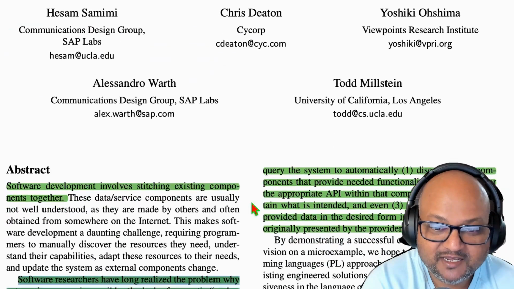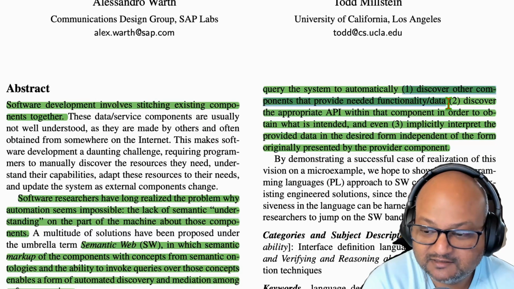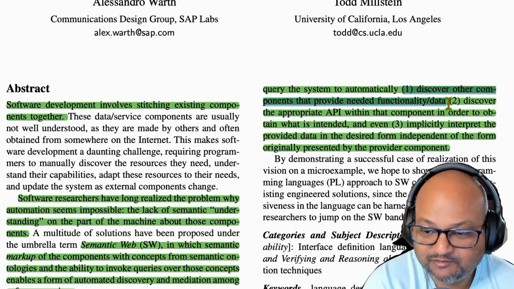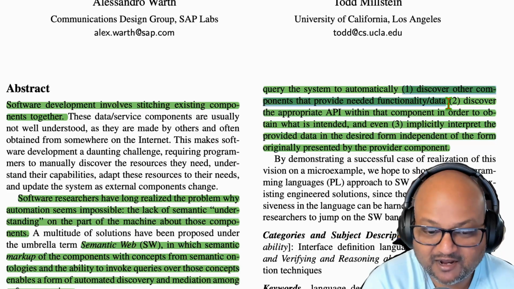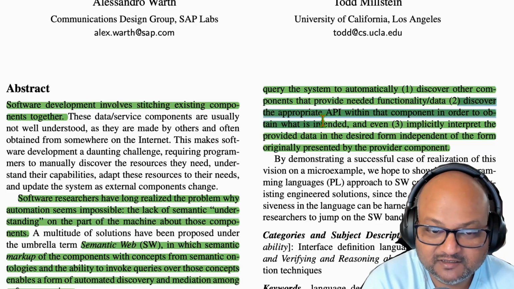So you should be able to find components by the functionality that they offer, rather than the current way, which is you name a specific library. You have to know which library or which component you're using, and then discover the appropriate APIs within that component.